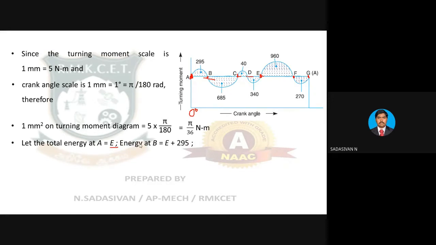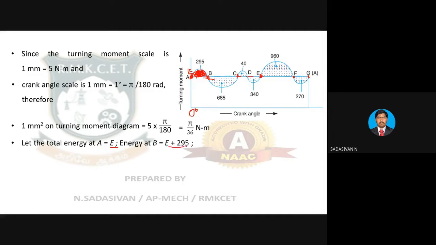Next, the energy at point B, so this point. What is the energy at point B? If I have E here, I am going to add 295 millimeter square. It is not the actual energy, it is the area here, 295. So E plus 295, since it is above the torque line.